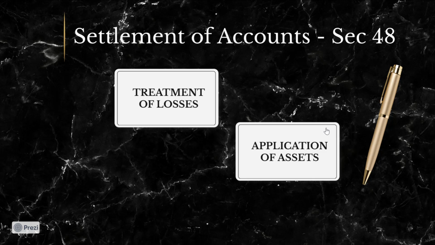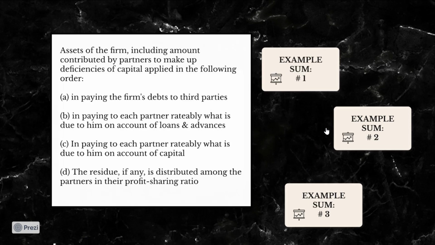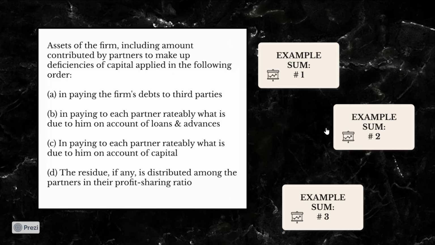Next, let's look at the provisions with respect to application of assets. Assets of the firm, including the amount contributed by partners to make up deficiencies of capital, should be applied in the following order.